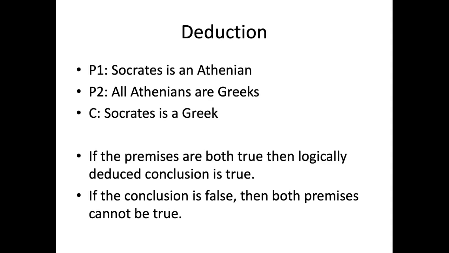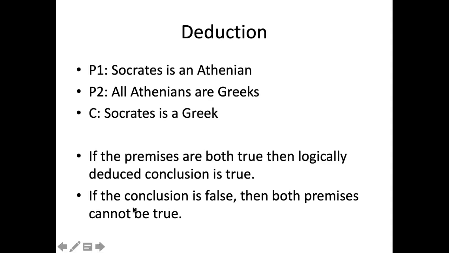So there's a kind of standard deduction, and that uses that first principle, which is the transitivity of set inclusion or the transitivity of implication. Socrates is a member of the set of Athenians, and all members of the set of Athenians are members of the set Greeks. So therefore, Socrates is a member of the set called Greeks.